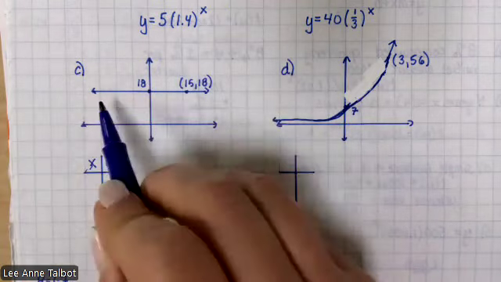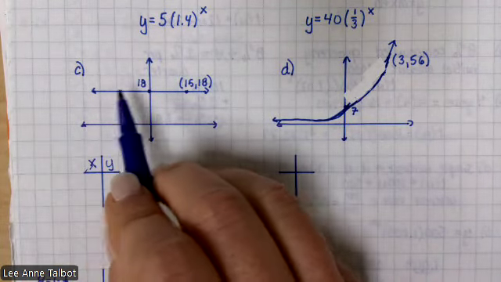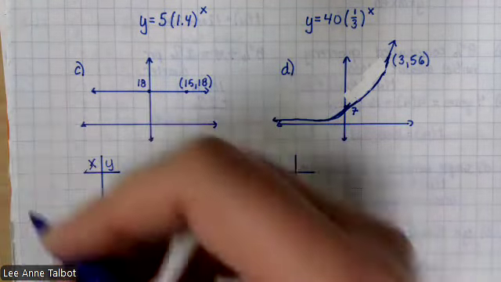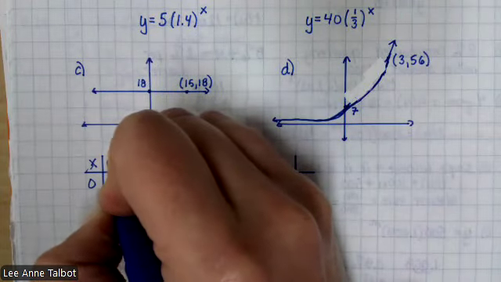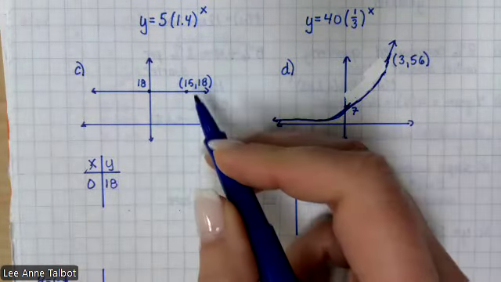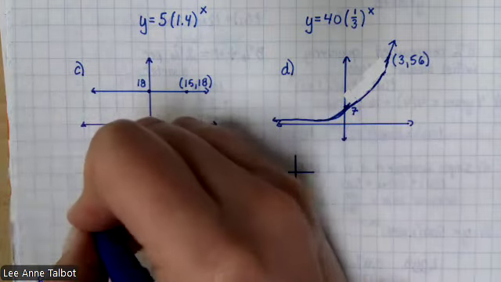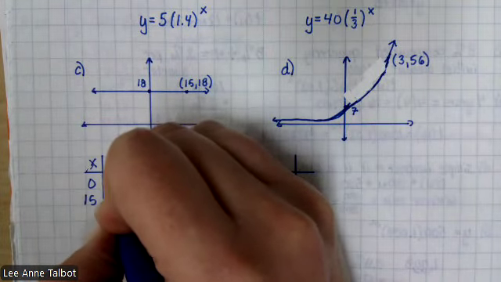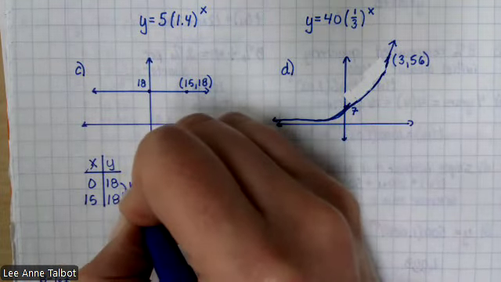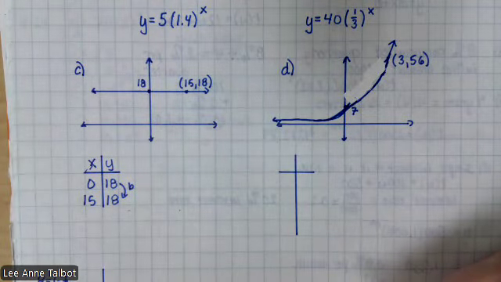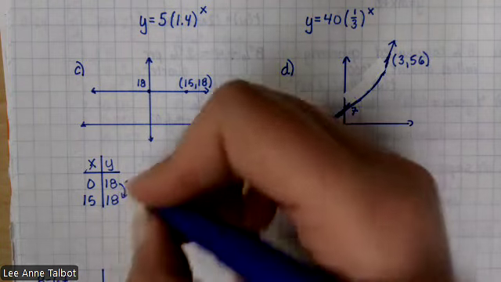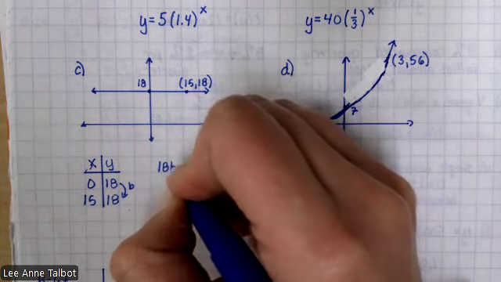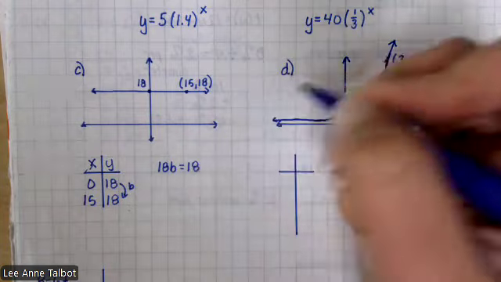Okay. Anyway, on C, I'm gonna start. I always go left to right in my table. So the first point I have is this one, which is 0, 18. And then this point is 15, 18. And you're like, Mrs. Talbot, this is not exponential. I know. Okay, so 18b equals 18.